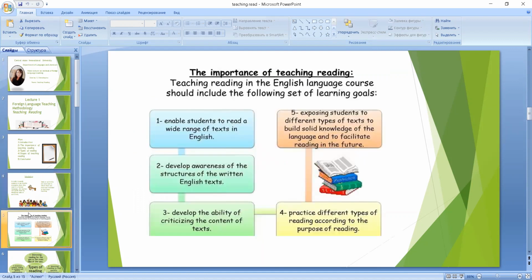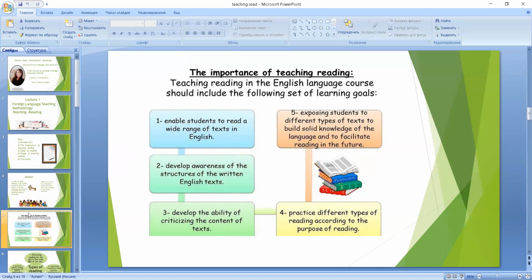Also, the importance of teaching reading. We should know about the ways of teaching reading. The first: the language course should include the following set of foreign language learning goals. The first, enable students to read a wide range of texts in English.